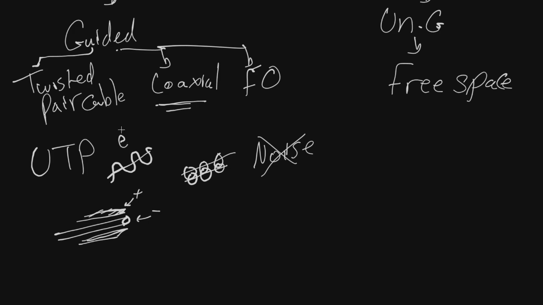So this is UTP, it provides electricity, but here it provides waves, like radio waves, which happen to support our TVs. Then we need coaxial cables.